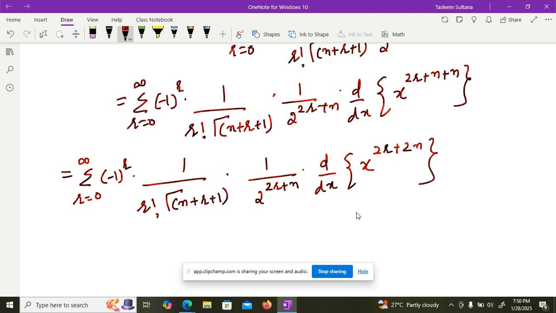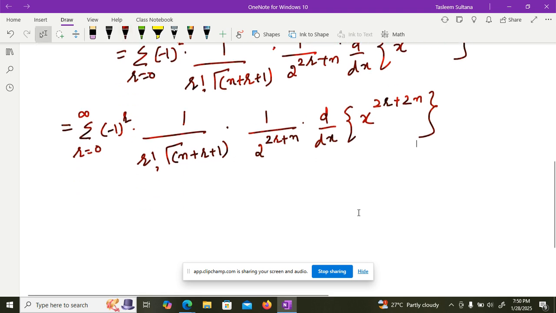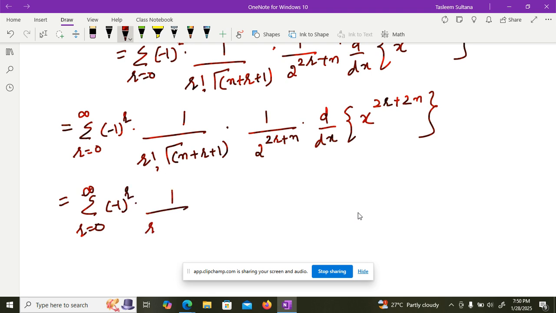So from here we can take 2 as common. First we'll do the differentiation. Why drag the long summation, r equals 0 to infinity, minus 1 to the power of r into 1 divided by r factorial gamma of n plus r plus 1 into 1 divided by 2 to the power of 2r plus n. The basic formula is d by dx of x to the power of n equals n into x to the power of n minus 1.